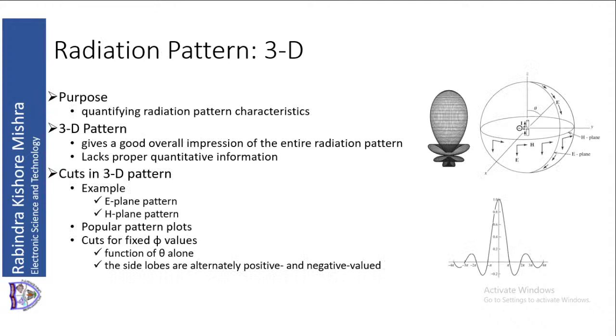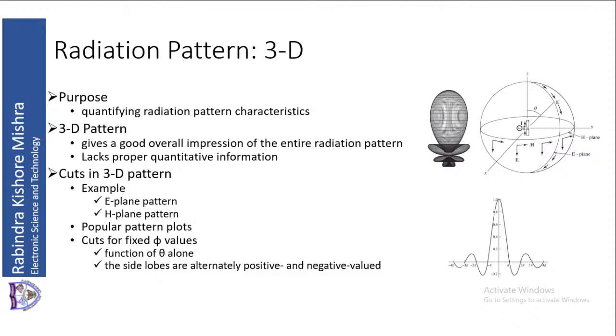Then you can see there is a main lobe. Main lobe means the amplitude is maximum. The other amplitudes appearing on the sides of the main lobe are called the side lobes. The side lobes are alternately positive and negative when you take a cut on a fixed phi plane. Usually this is for the E field pattern.